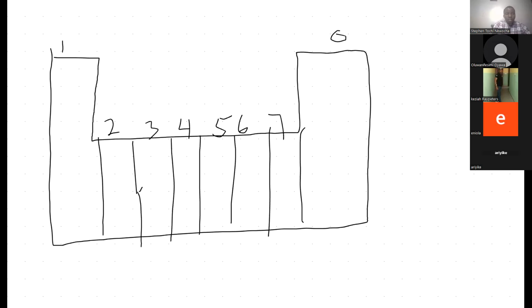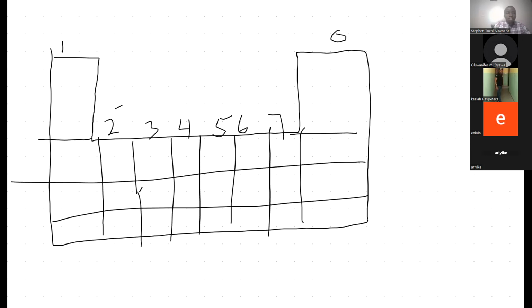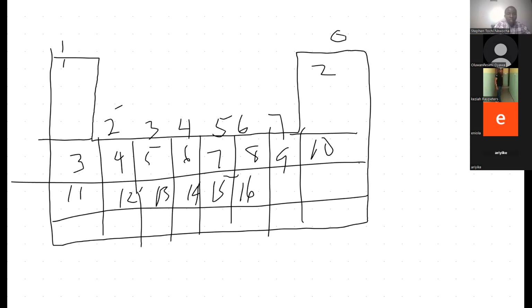I'll rule these lines, and then I come here and count 1, 2, 3, 4, 5, 6, 7, 8, 9, 10, 11, 12, 13, 14, 15, 16, 17, 18, 19, 20. When I get to 20, look at what I usually do. I will come here and write transition metals.